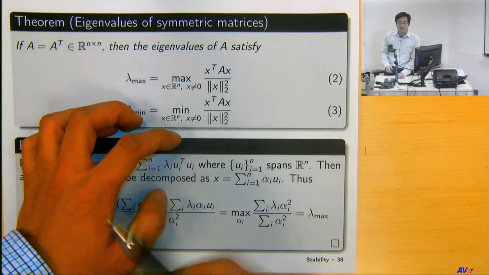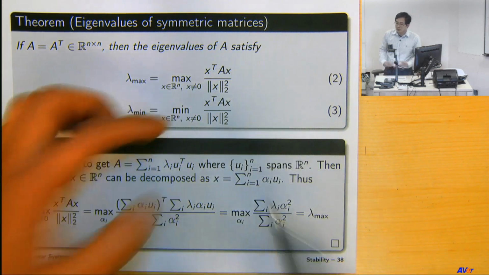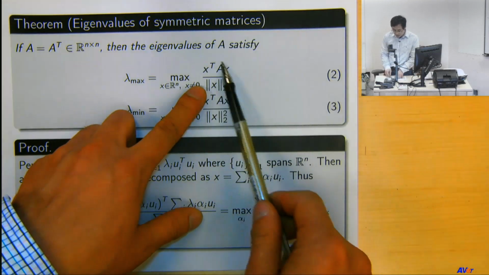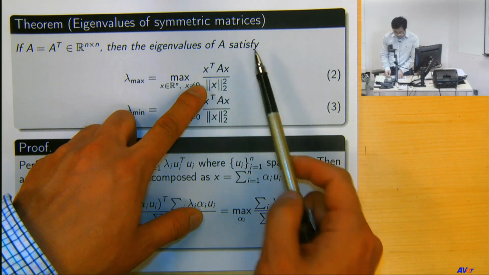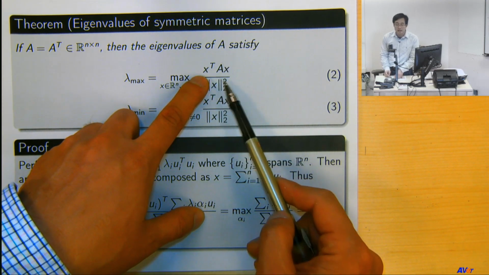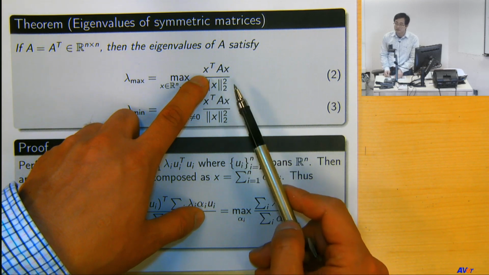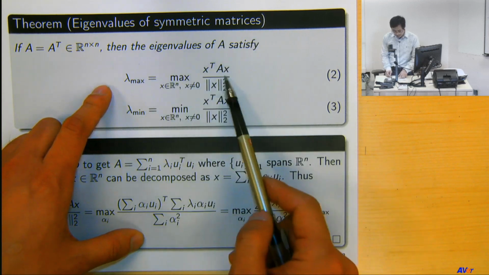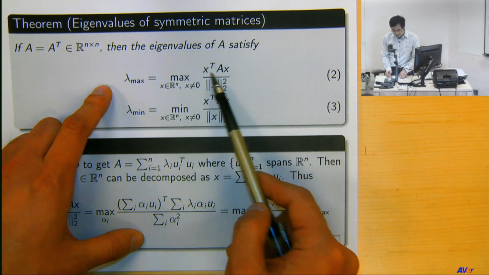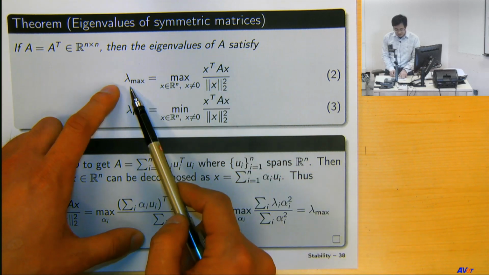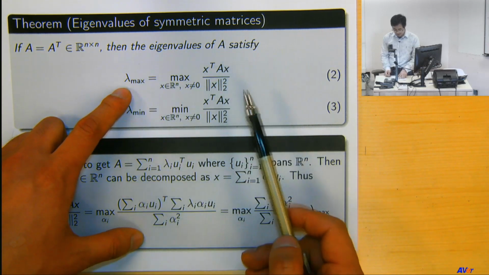We want the energy to be positive, so we want to understand whether this type of energy function is guaranteed to be positive or not. This theorem connects the positive notion of the energy functions with the eigenvalues of the A matrix.